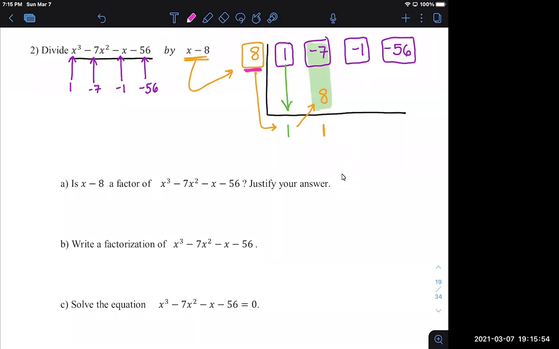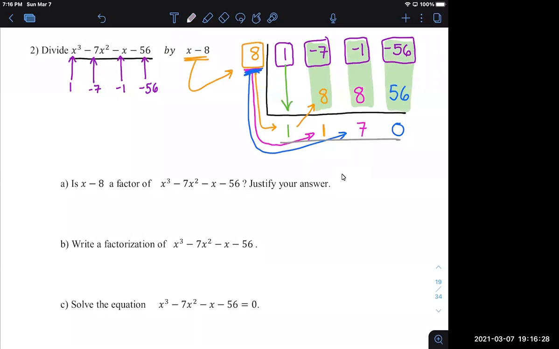The number on the outside, 8, times 1 gives us 8. And then we add negative 1 plus 8 gives us 7. Multiply again. The number on the outside, 8, times 7 gives us 56. And then you add negative 56 plus positive 56 gives you 0.